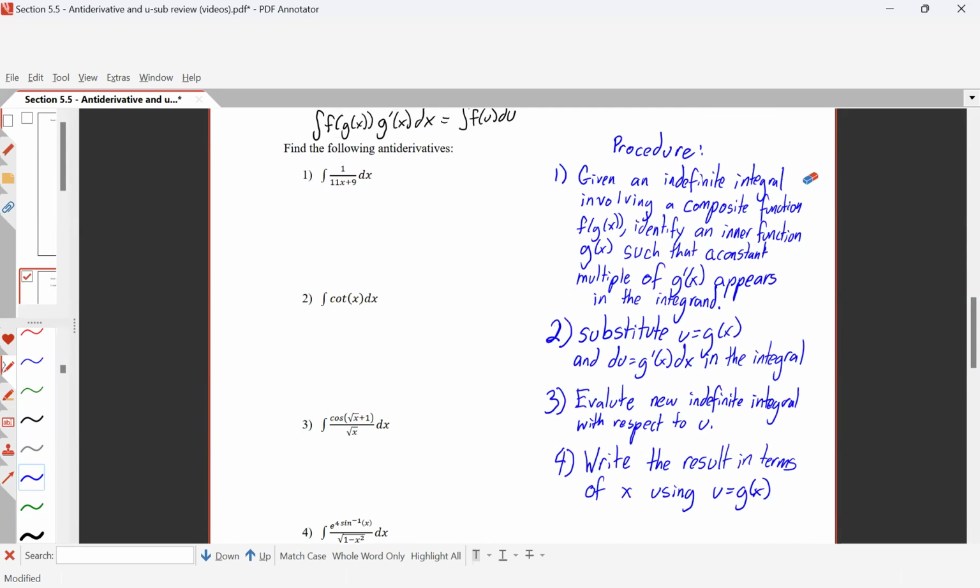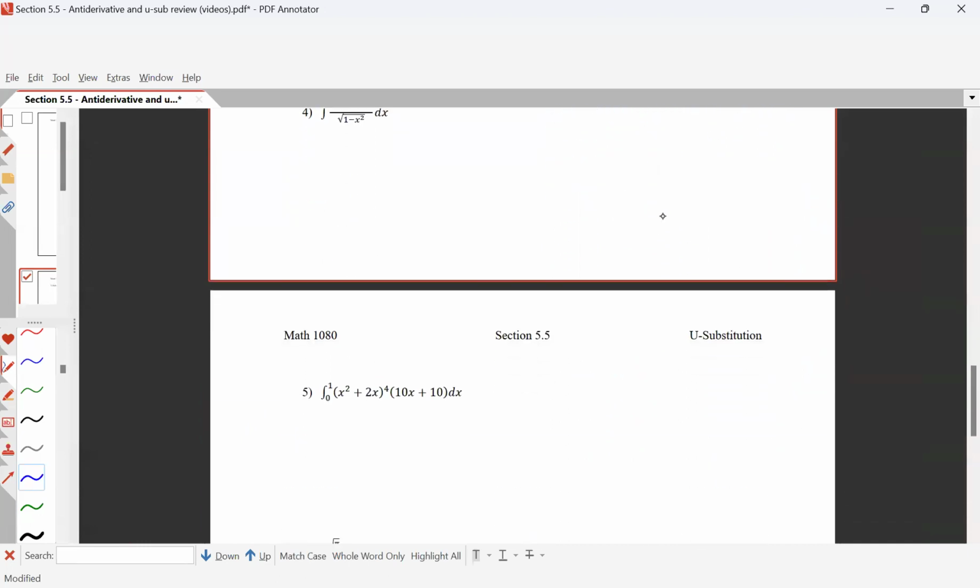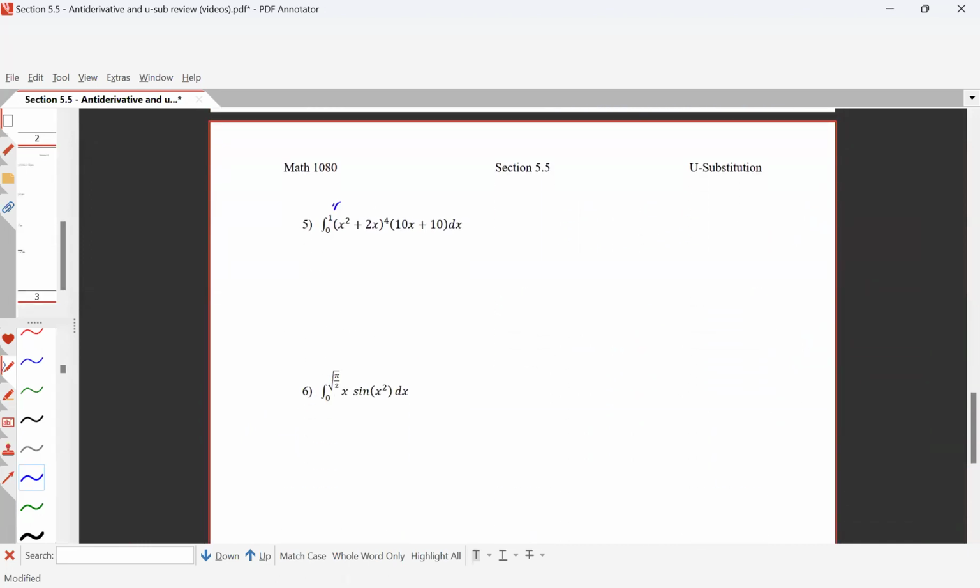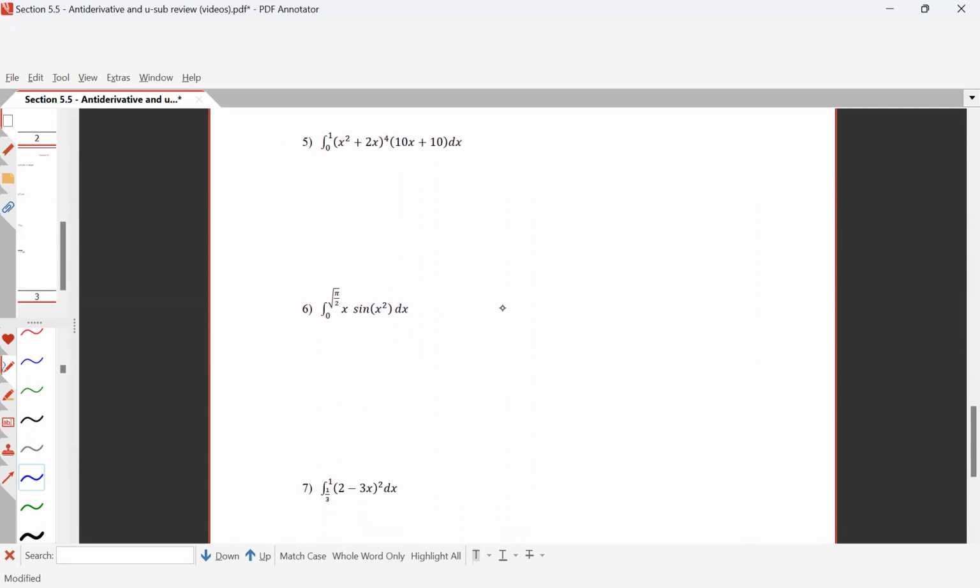We can also use U-substitution on definite integrals, meaning integrals with bounds. Again, these are the examples we will see in the next videos. But the procedure for U-substitution with definite integrals changes just a little bit.